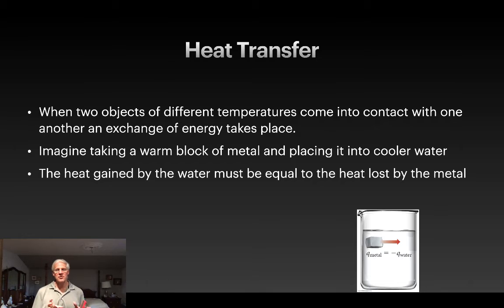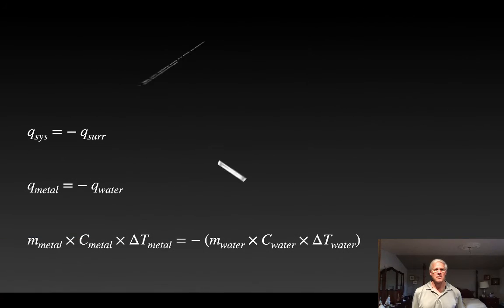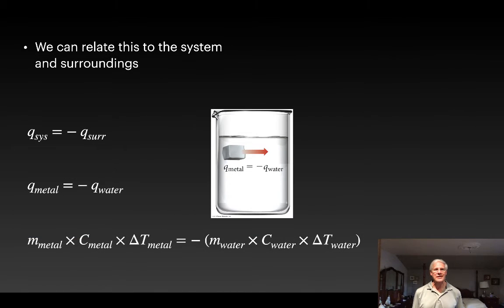Now, heat is a quantity that does have to be conserved, and so the heat gained by the water has to be equal to the heat lost by the metal. The temperature change does not have to be the same, but the quantity of heat exchanged does have to be the same. So we can relate this whole thing to the system and the surroundings. We just need to figure out what we want to use as the system and the surroundings.